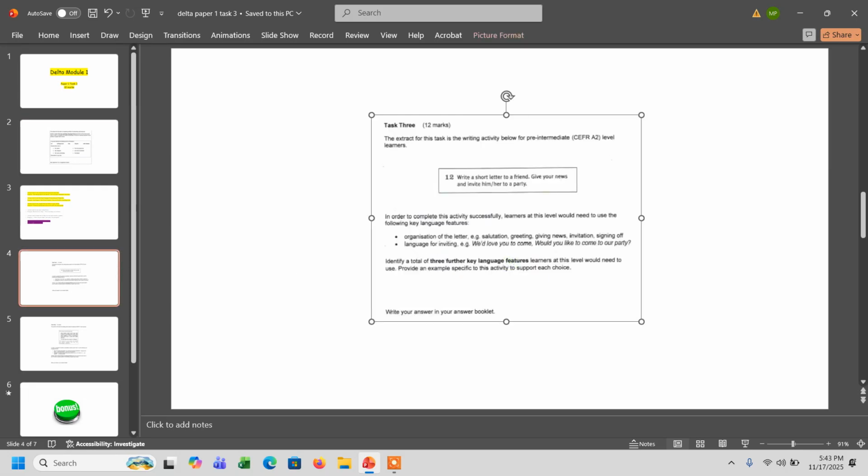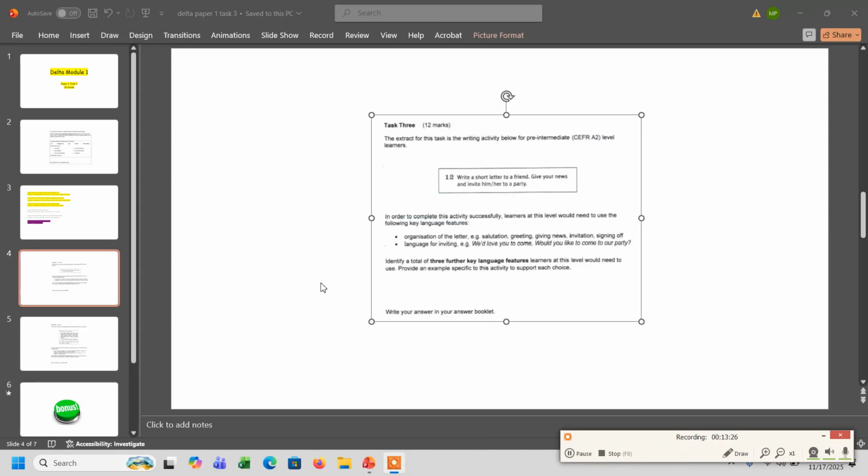This is for A2 level, pre-intermediate A2, and this is for writing. So please pause the video here for a while and then write down the answer in the comment box if you can. So don't forget, first you need to analyze the level.